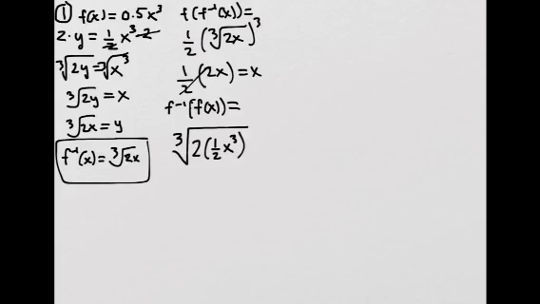So 2 times 1/2 is 1, so this is going to give us 1. And cube root of x cubed gives you x. So since both compositions gave us x, this proves that our inverse is correct, so it's right.